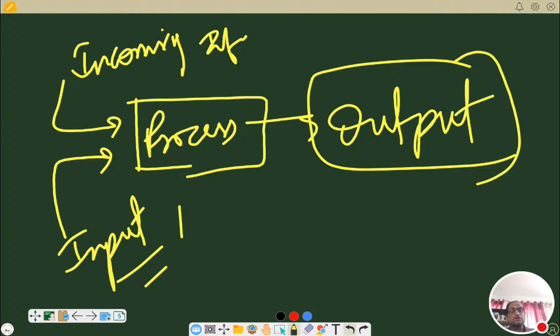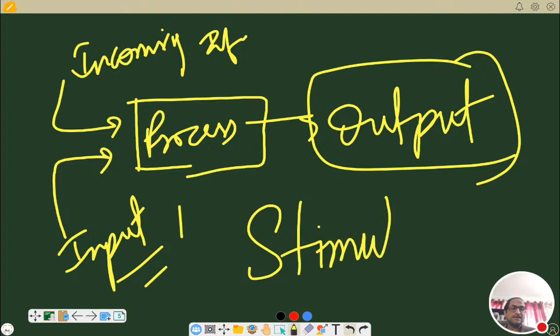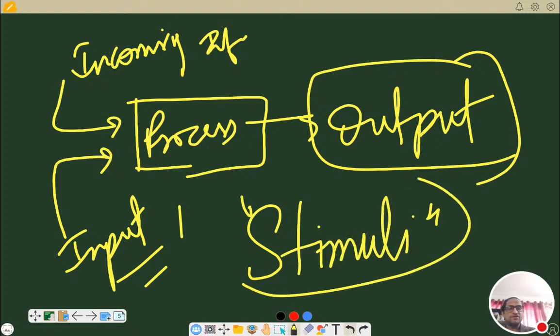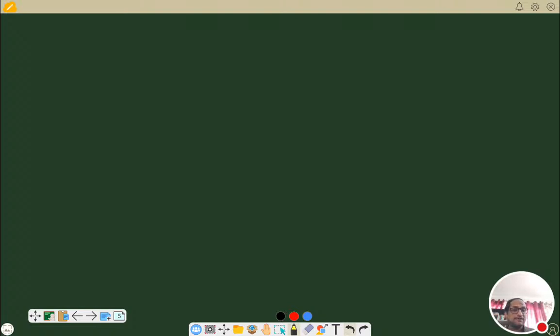You are exposed to millions of stimuli, sensory information. Lots of things are happening in the room in which you are sitting, on the road where you are going, but you attend to certain information, then process it, and finally give the output. You can compare it with the multi-store model of memory.